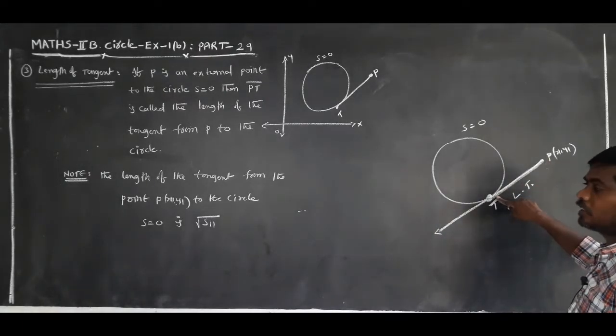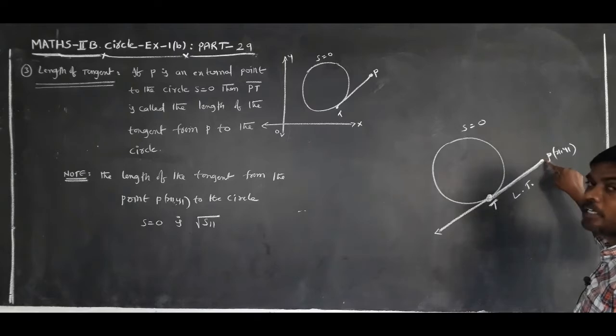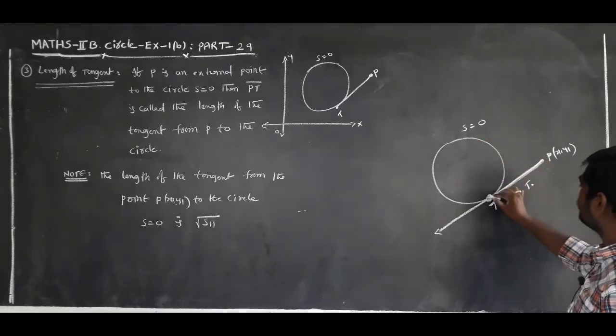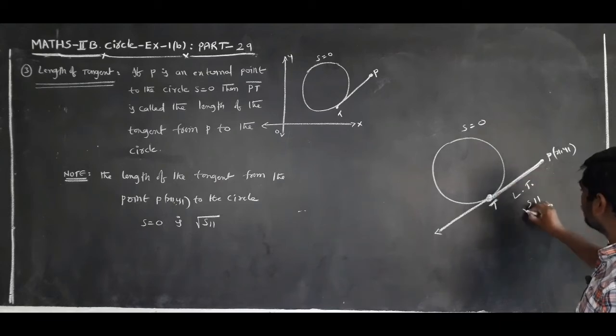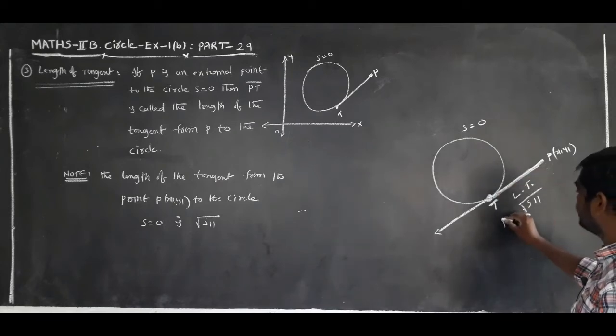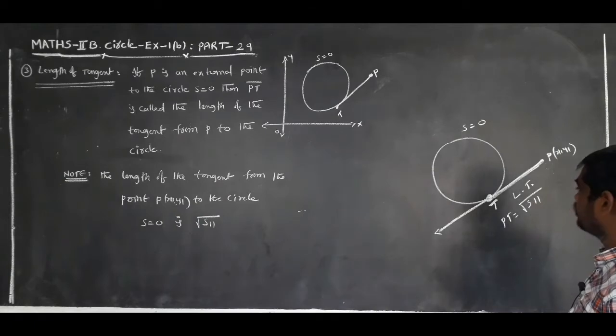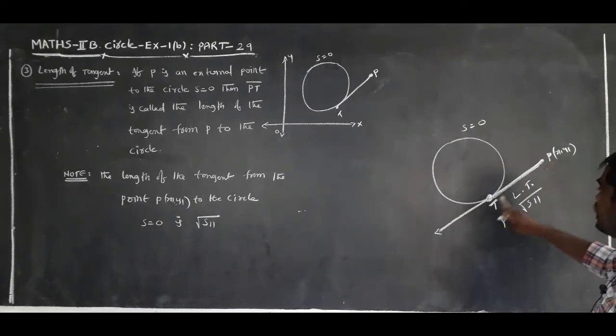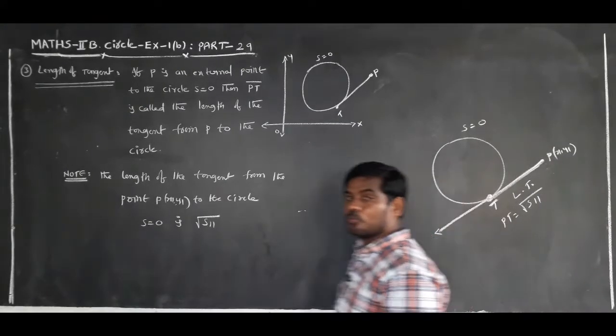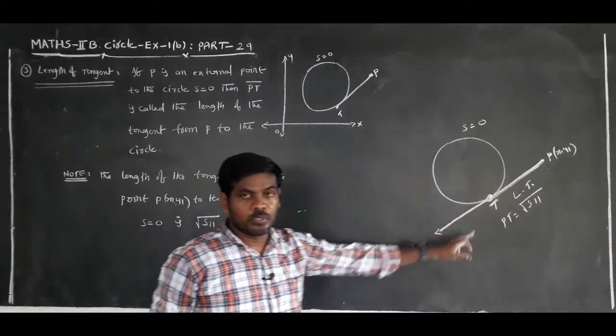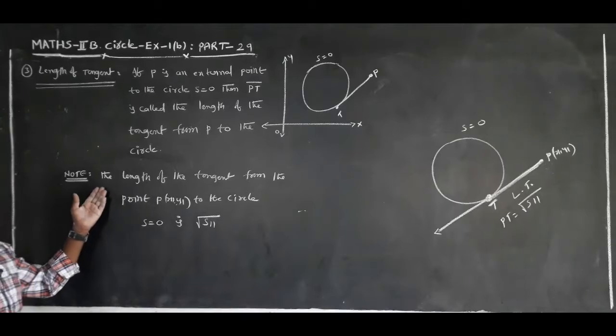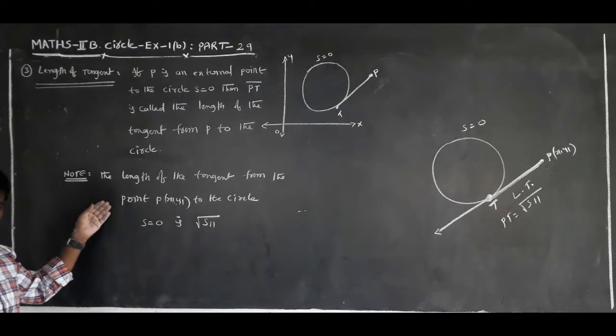The length of the tangent formula: PT is equal to root S11. This is the length of the tangent formula.